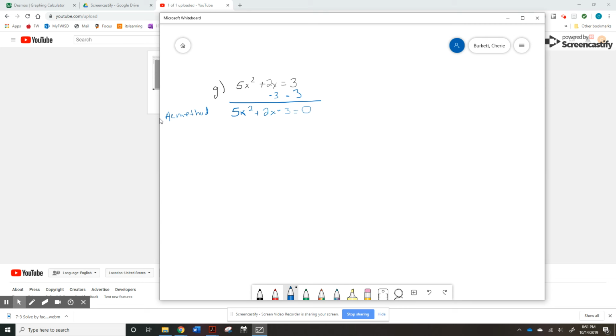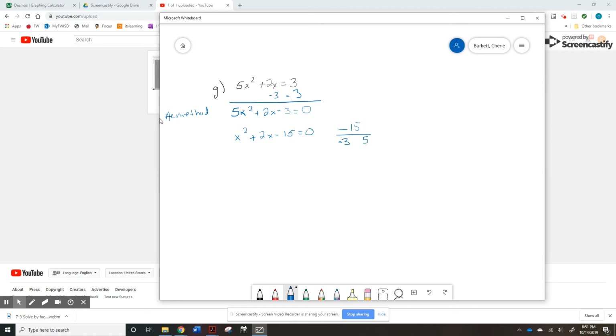And the AC method means that we multiply A times C. To pretend for a minute that this is the easy kind, 5 times 3 is negative 15. So negative 15 is what goes on my table. Well, I can obviously multiply 3 times 5 to get 15. This number needs to be a positive, so that means my little number is a negative.